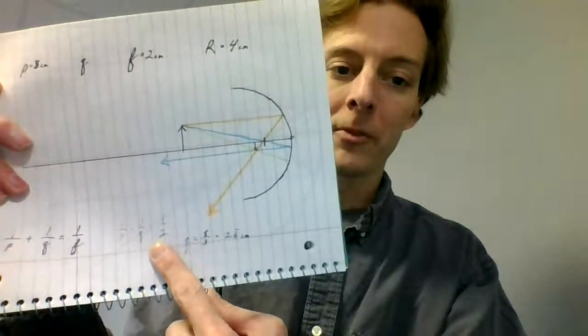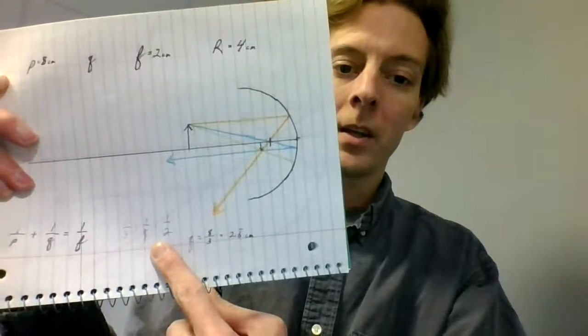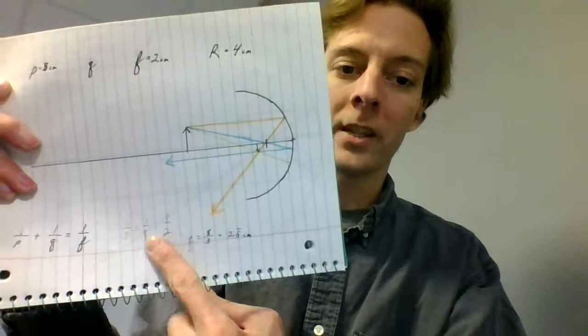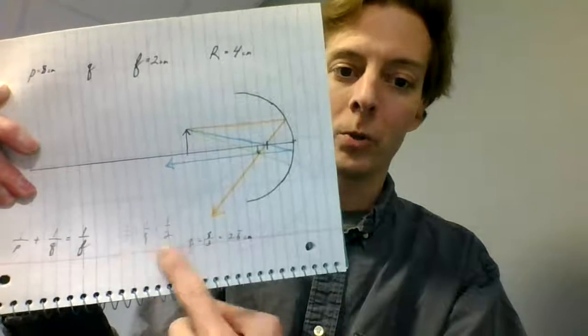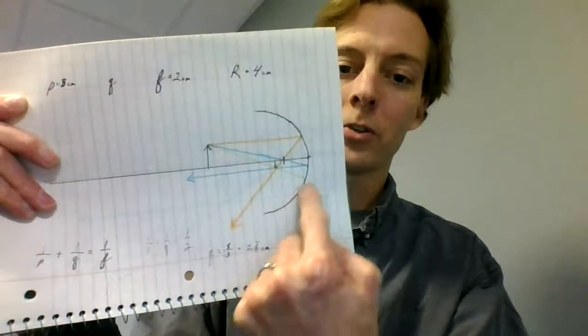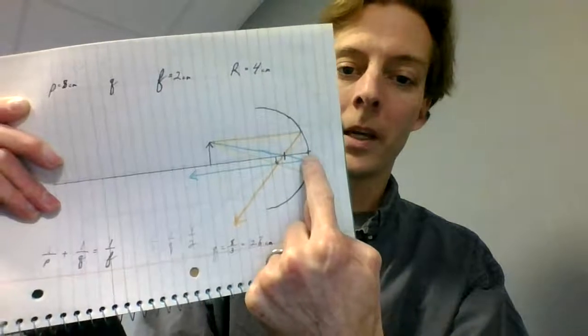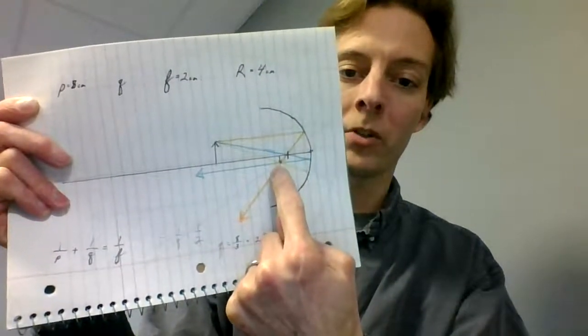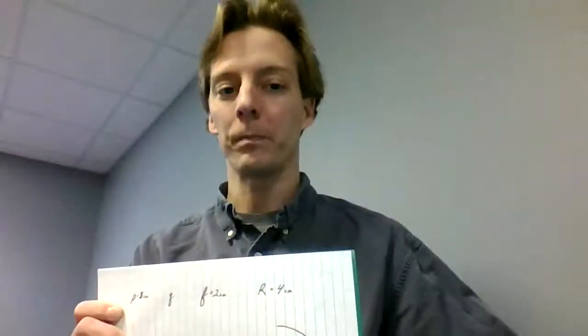So it's half minus an eighth, and then you flip it, because that number is 1 over Q. So Q is 8/3, which is 2 2/3 centimeters. So when I start here at the mirror and I measure over to this image, it's 2 2/3 centimeters, where it should be. Easy. Done. 1 over P plus 1 over Q is 1 over F.